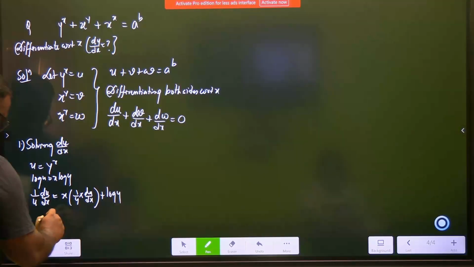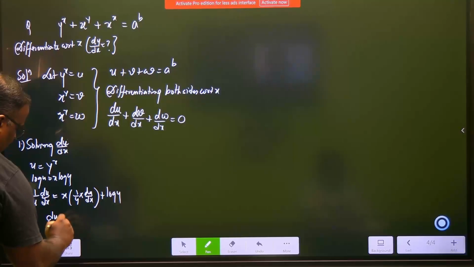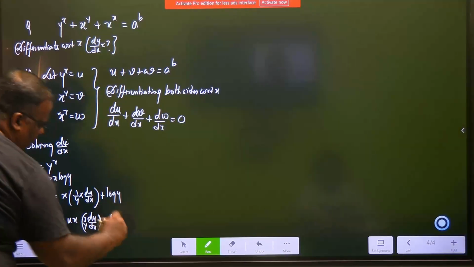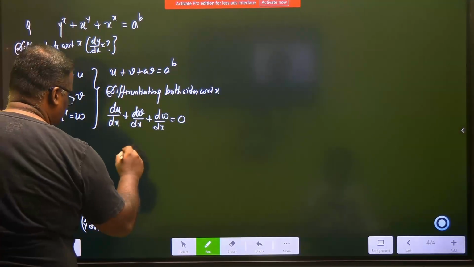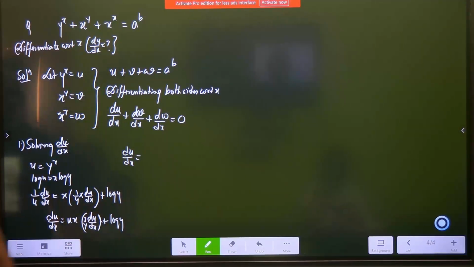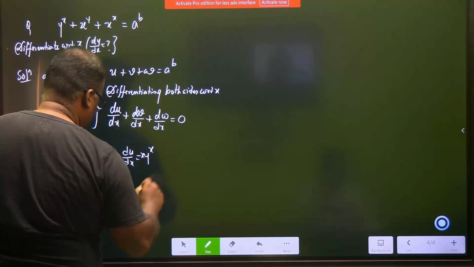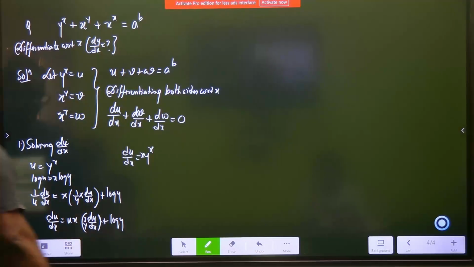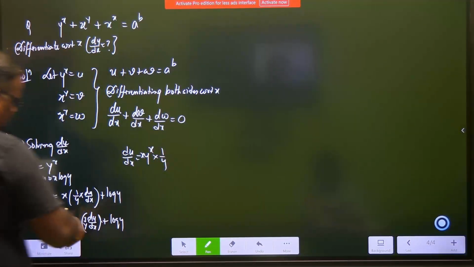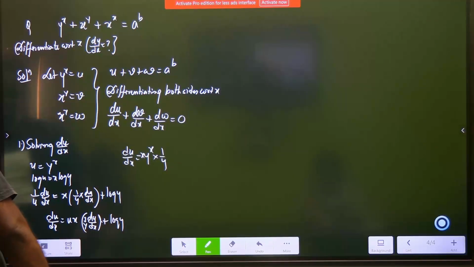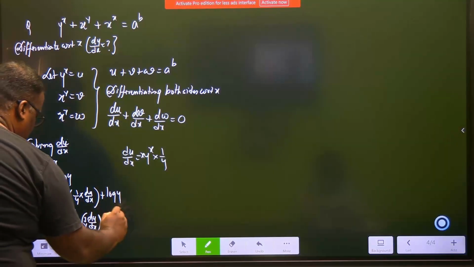So from here, we need the value of du by dx. du by dx can be written as u into x dy by dx 1 by y plus log y. And further we can write du by dx. This is a lengthy problem, 3 problems punched together. y to the power x multiplied by x dy by dx into 1 by y plus log y.